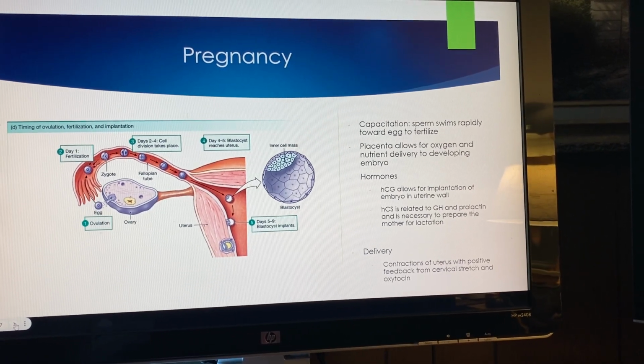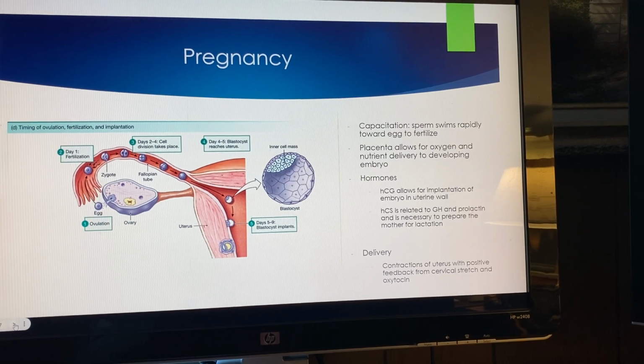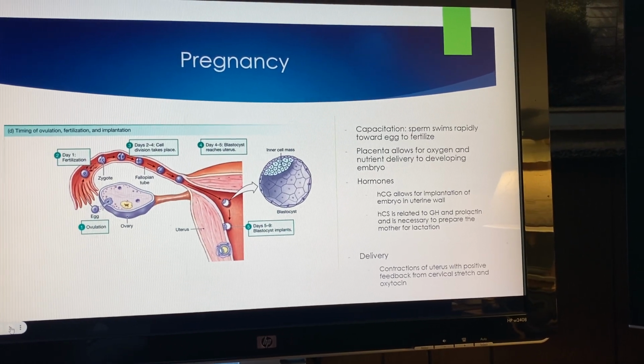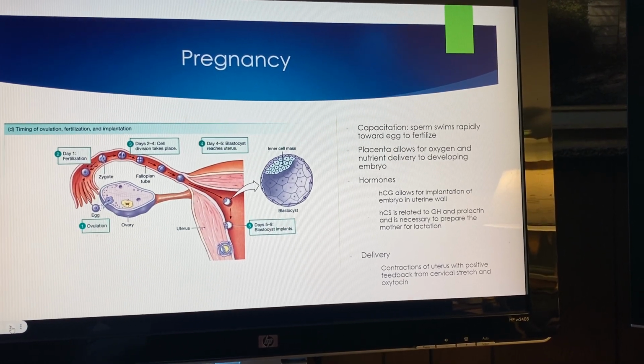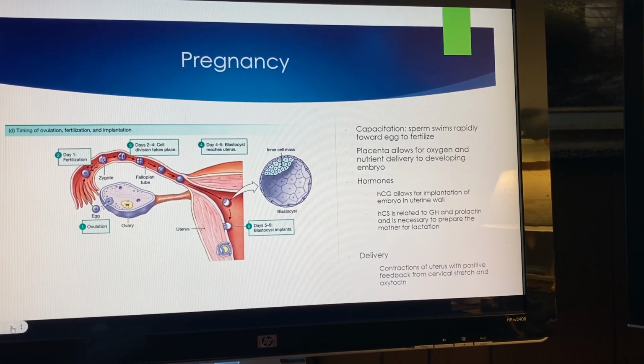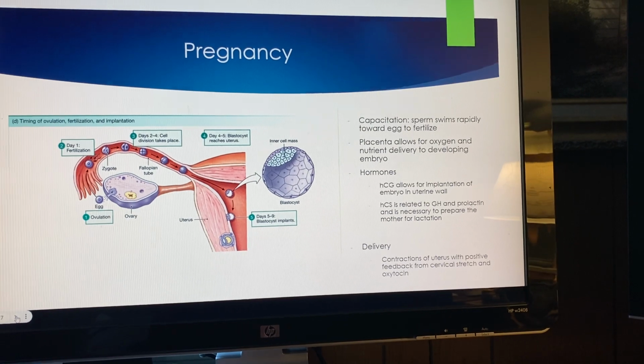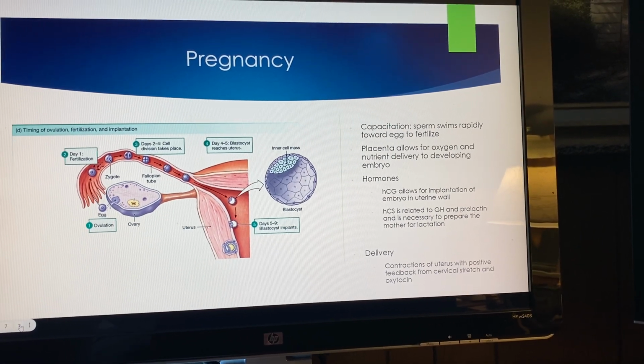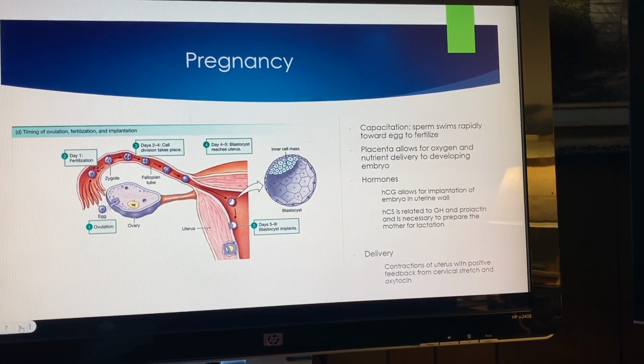During delivery, contractions of the uterus with positive feedback loops from cervical stretch and oxytocin cause delivery. These hormones and contractions stop release, and the contraction ends with delivery of the baby.